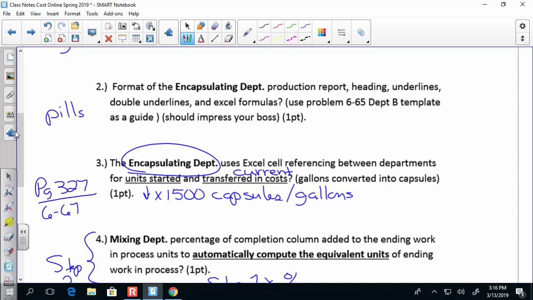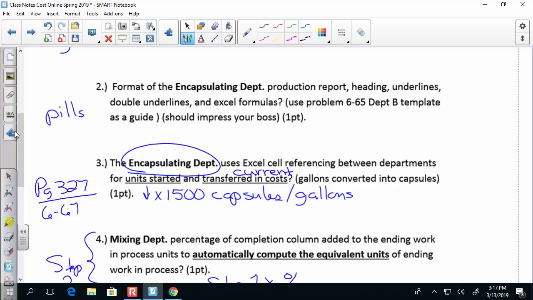So when we talk about the units started in the encapsulating, you're going to have a formula in there, cell referencing the gallons transferred out of the mix times 1,500 to give you capsules in the encapsulating department for the started units. So that's the only quirky thing with problem 67, that conversion for the units only, right?